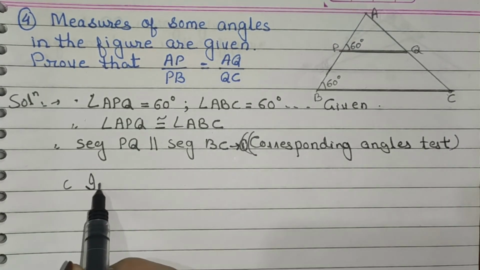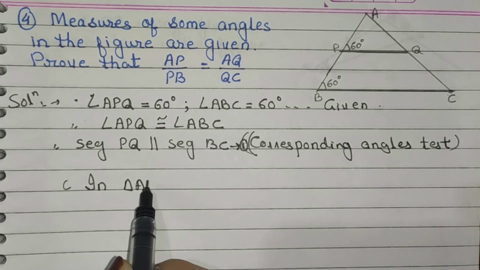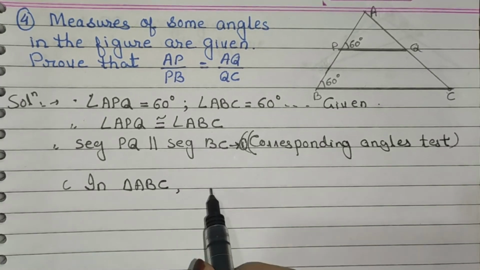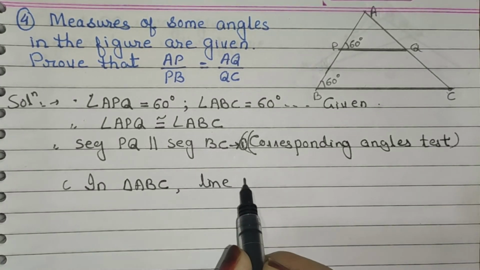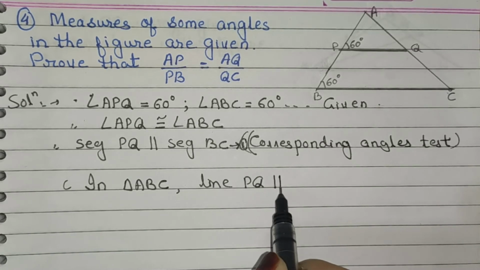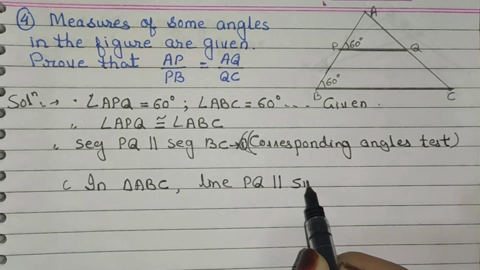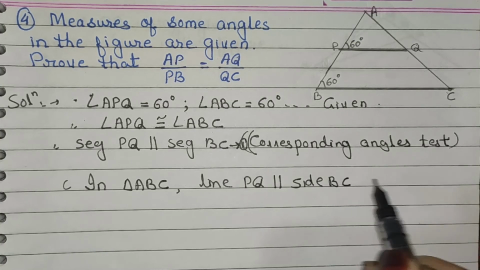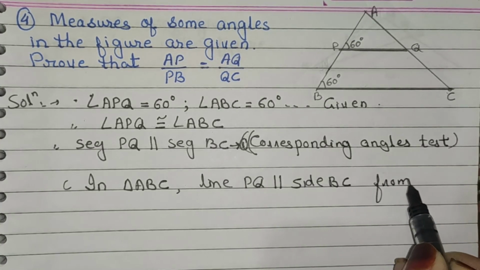Therefore in triangle ABC, line PQ is parallel to side BC from 1.